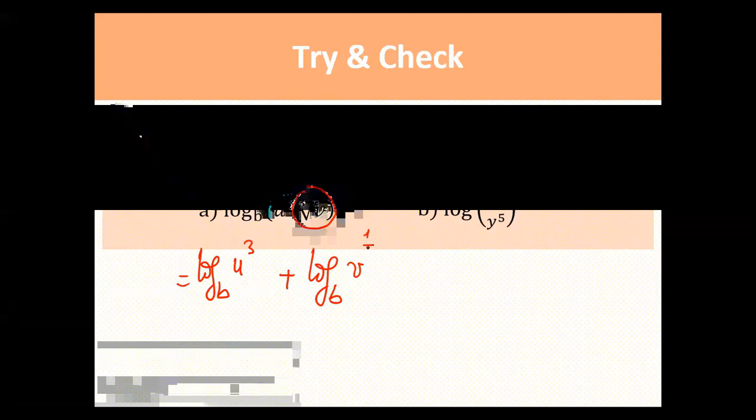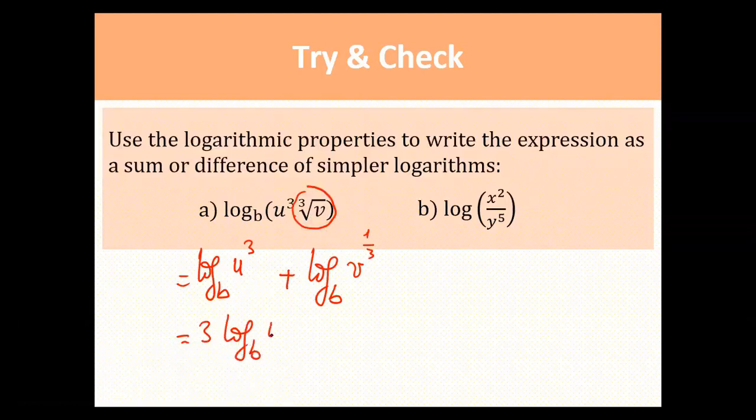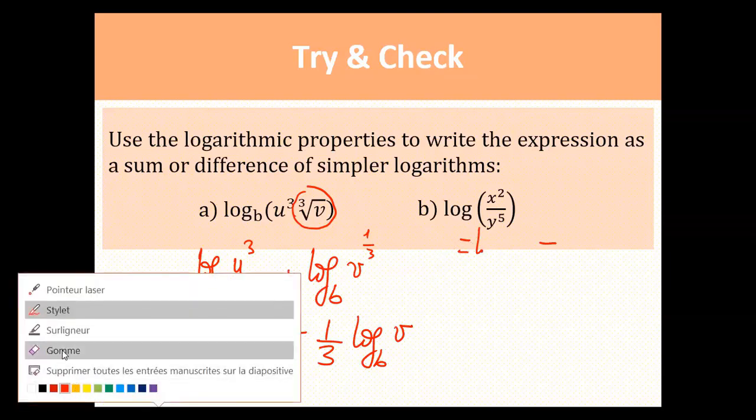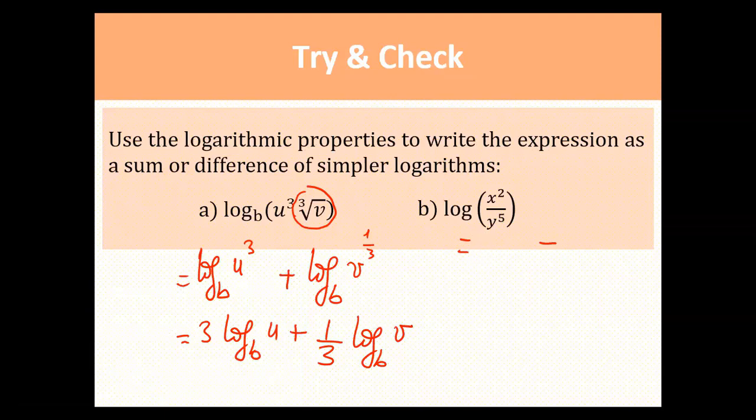One third. So it gives me 3 log base b of u plus one third log base b of v. This one is the same, we have the log of a division, so it's a difference: log of x squared gives log of x squared, so we can directly write 2 log x minus 5 log y.